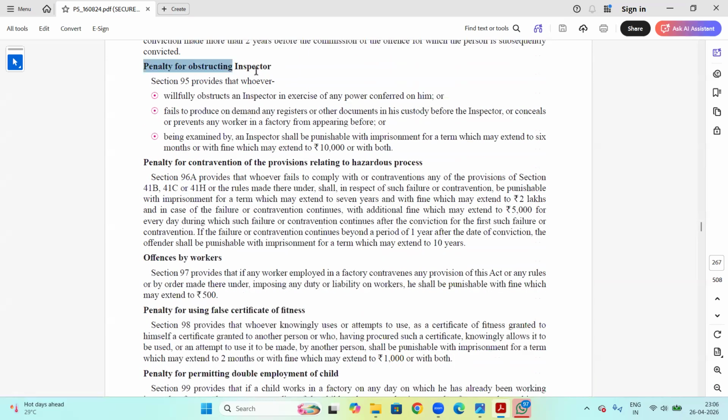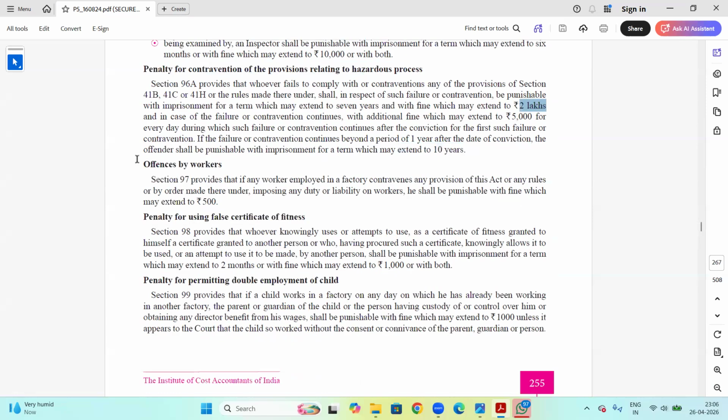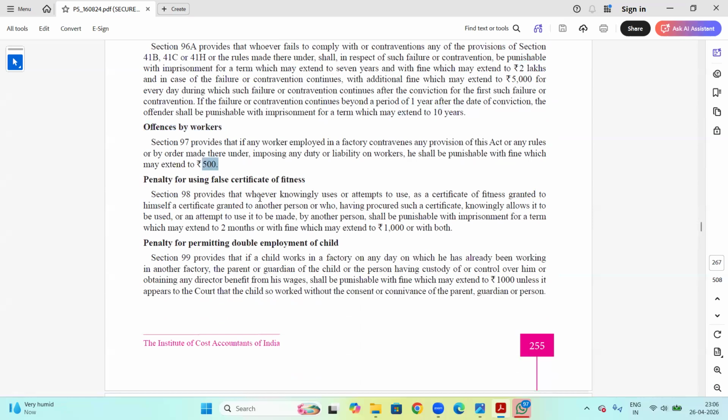Also, if you obstruct any inspection by an inspector, you shall pay a penalty up to 10,000. The biggest penalty comes under hazardous process, which has a tenure up to 10 years and 2 lakhs. Every offense of a worker may be subject to a fine of 500 rupees.